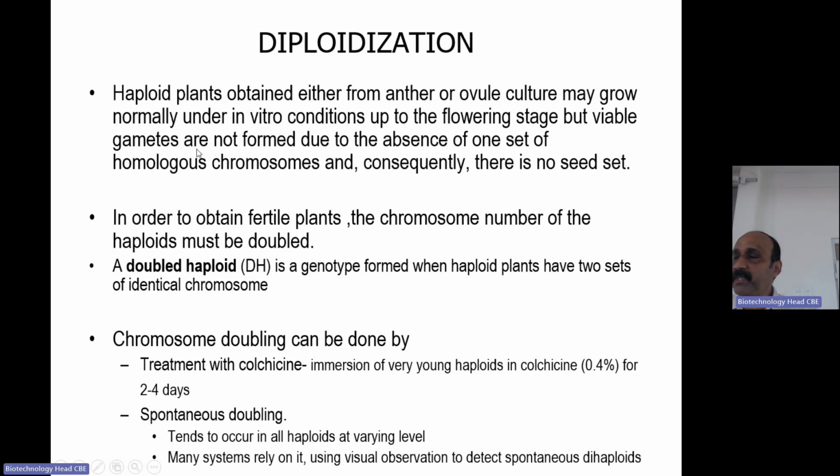But viable gametes are not formed, because there will be no meiosis, there will be no separation of chromosomes, so no viable gametes are produced. So there is no viable seed set. So in order to obtain fertile plants, the haploids must be doubled, which are called double haploids. Double haploids or dihaploids, not diploids, right? So these are all called dihaploids.